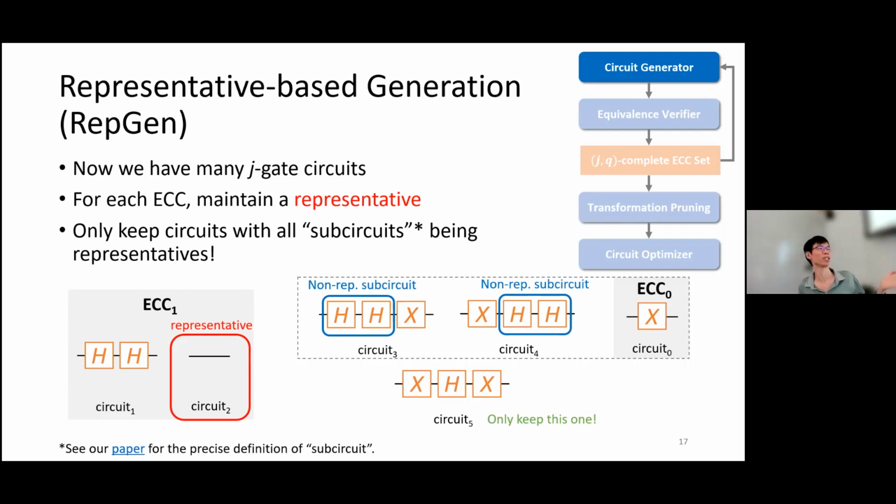We already know which circuits are equivalent to the X, the circuit with only an X gate. So we don't need the 2 circuits above. And among the 3 ones, we only keep the XHX one. In this way we can reduce the number of circuits we need to consider by 1 to 3 orders of magnitude.